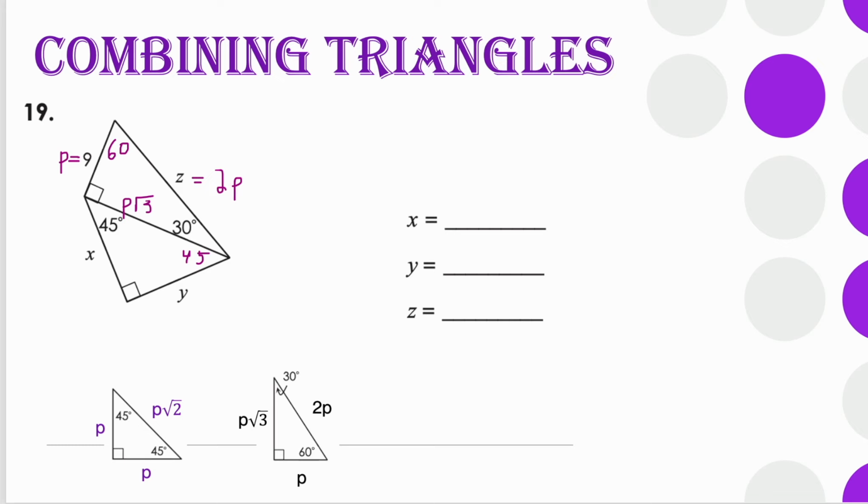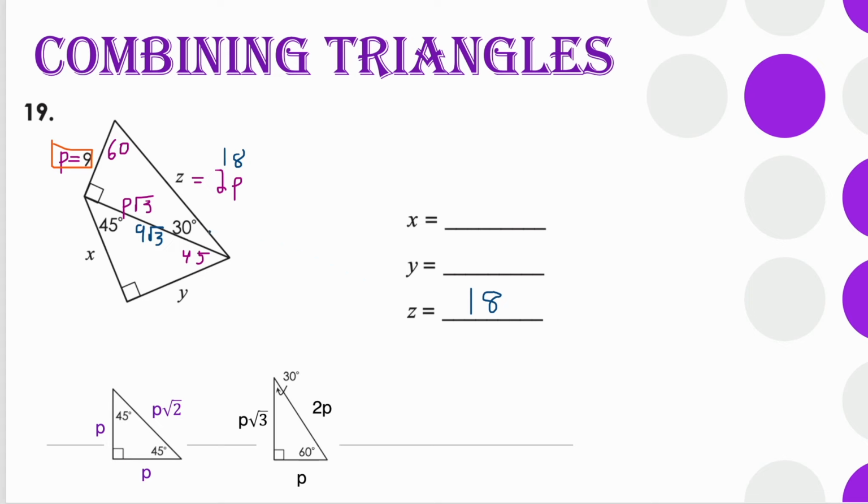So in this case here, because p is 9, z is going to be 2 times 9, which is 18. And this middle side is going to be 9 root 3. So put in our answer for z right here.